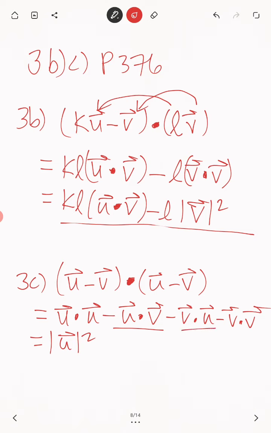U dot V and V dot U, because dot product is commutative, are actually the same thing. And so these are two like terms, so I'm going to collect them. So it's going to be minus 2 U dot V. And then V dot V will also be the magnitude of V squared.